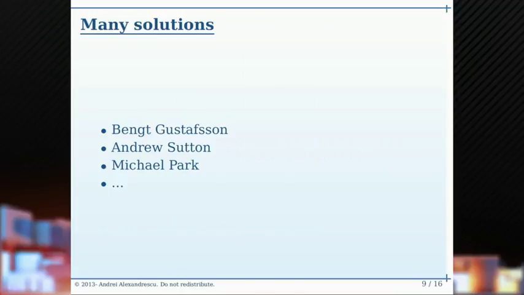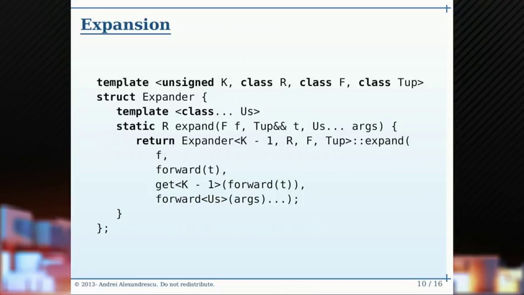Someone on Facebook also wrote one, so I've had an embarrassment of riches of sources of inspiration. It's one of those problems that comes about again and again, and I think it's a good opportunity for this short talk to kind of say this. Let's look at how it could be done.